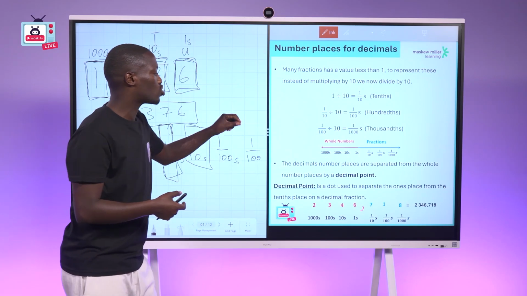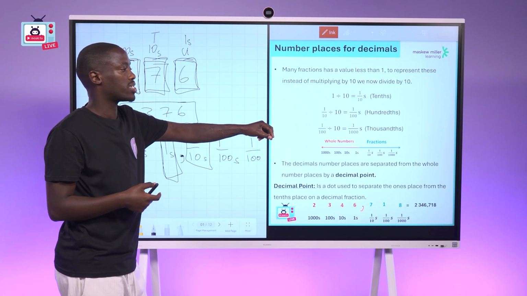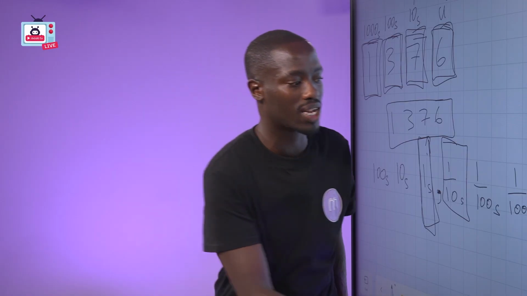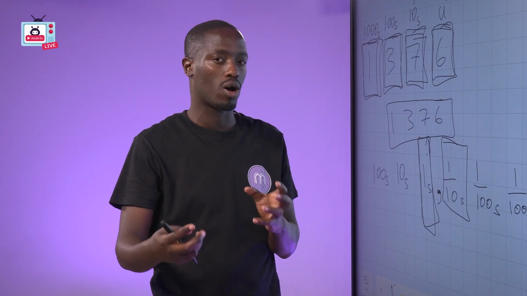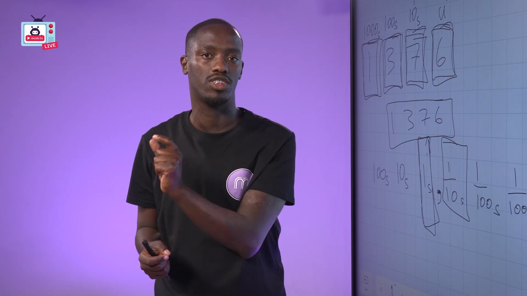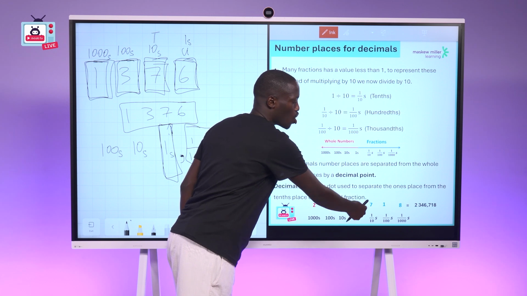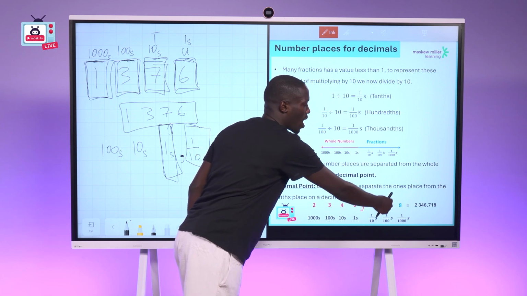You will say 2,346 comma 7, 1, 8. You can't say it's 718 there. The numbers after the comma, we are calling them individually. So this will be 2,346 comma 7, 1, 8.